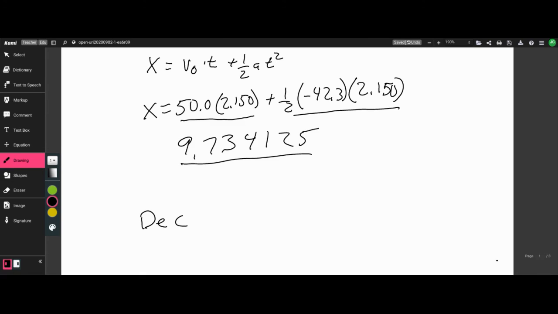The second number has three decimal spots. Then we have one decimal spot, and then we have three. So our answer could have one decimal spot. So in that case, the answer would be, in terms of decimals, 9.7.